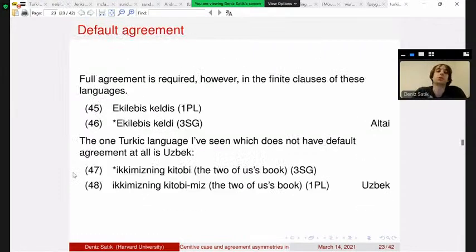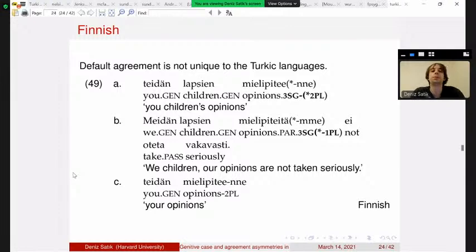So I've talked about the Turkic languages thus far, but I just want to note here that default agreement isn't a phenomenon that's unique to the Turkic languages. You can also get it in Finnish and Hungarian. So let's briefly talk about Finnish and Hungarian.